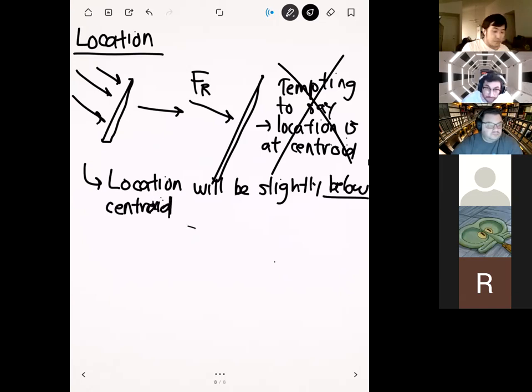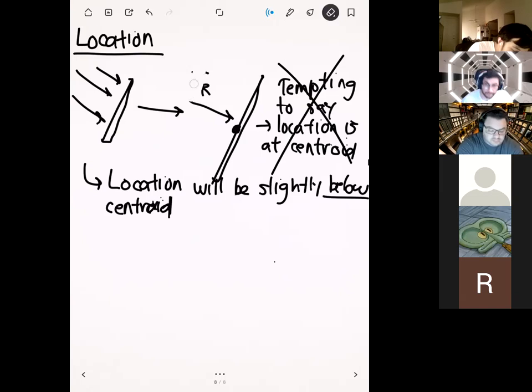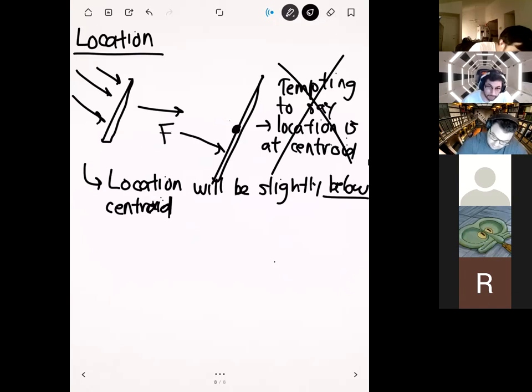The reason is that the pressure force is biased towards the bottom. If this location right here were the centroid, this FR wouldn't act right here at the centroid. It would actually act somewhere down here, because the lower part of the surface experiences higher pressures than up there, and that biases the resultant force to be slightly below.